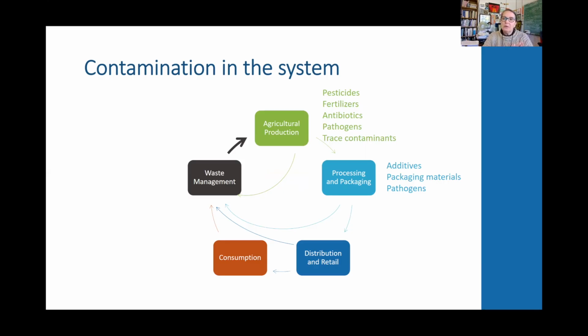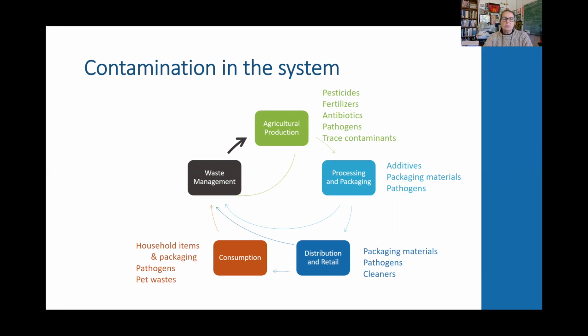Contact with packaging materials may also influence the amount of contamination associated with the food, and through handling and storage conditions, you can end up with an increase in the number of pathogens in the food. Distribution and retail add additional packaging. There's more potential for pathogens to be introduced, and use of cleaners and many other things could potentially add additional materials into the food and food waste.